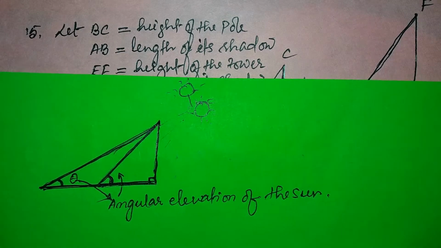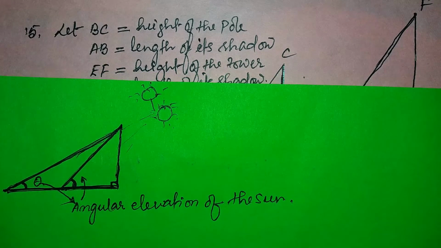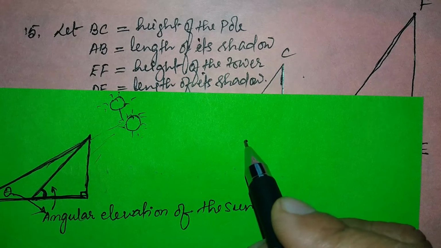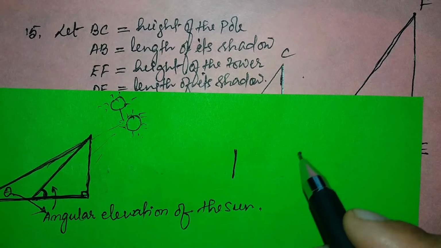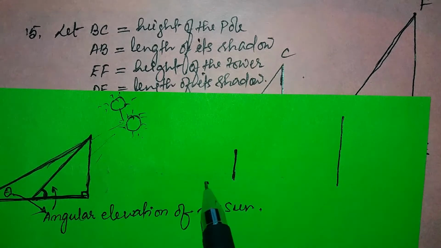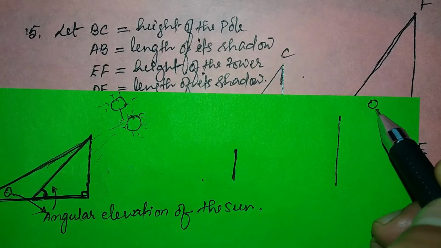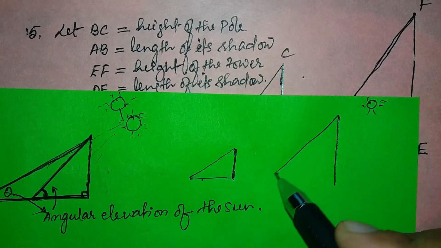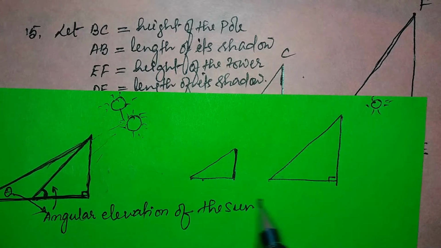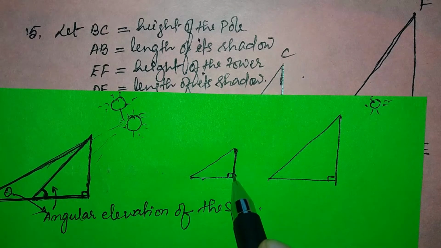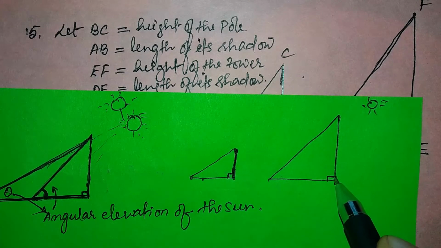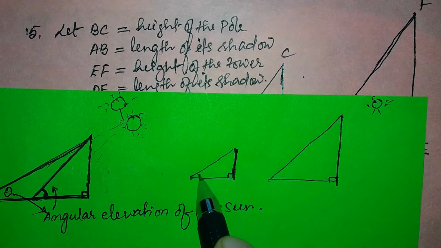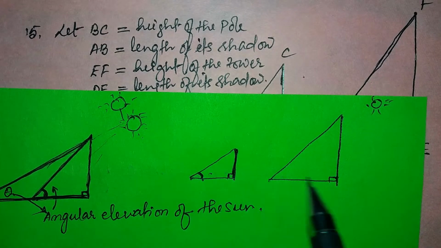At the same time and at the same place, the angular elevation for different objects, irrespective of height, is all the same. Here this is shorter, this is taller. Even though this is shorter and this is taller, the angular elevation of the sun remains the same.